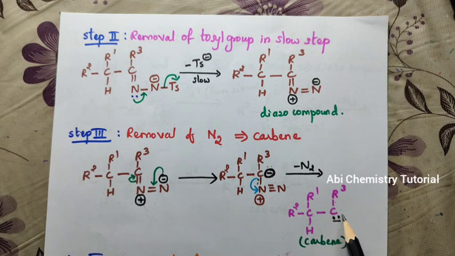It has the capability to form 2 more bonds. These 2 bonds are not formed here, so it has 2 electrons, and this structure is called carbene, and this form of the carbon is called carbene.